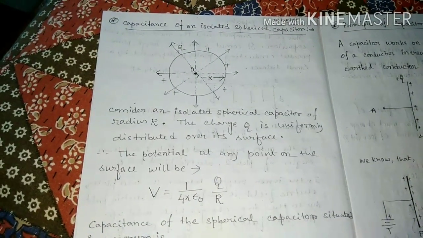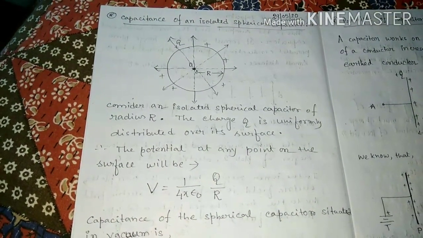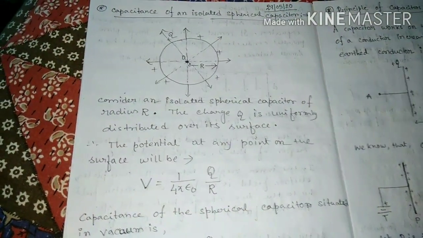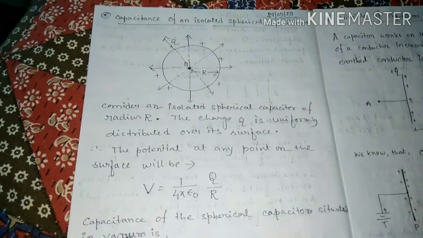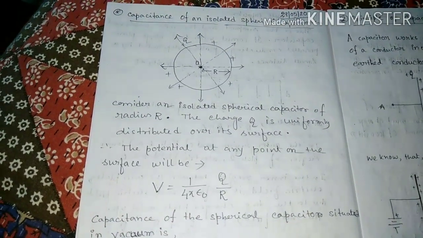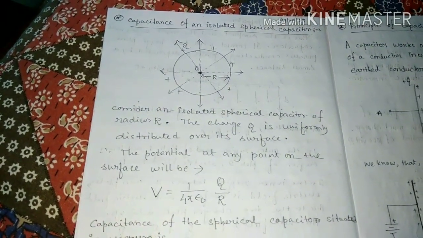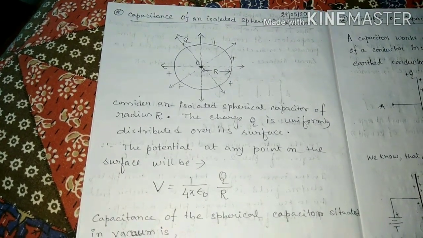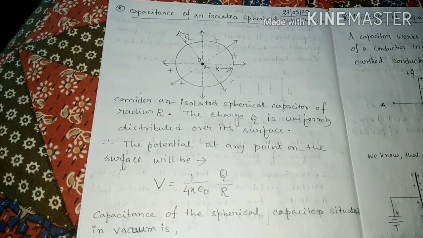If the charges are present, that means an electric field is also present. This arrow represents the electric field, which is perpendicular to the surface of the conductor. We also studied that the electric field is always perpendicular to the surface of the conductor.